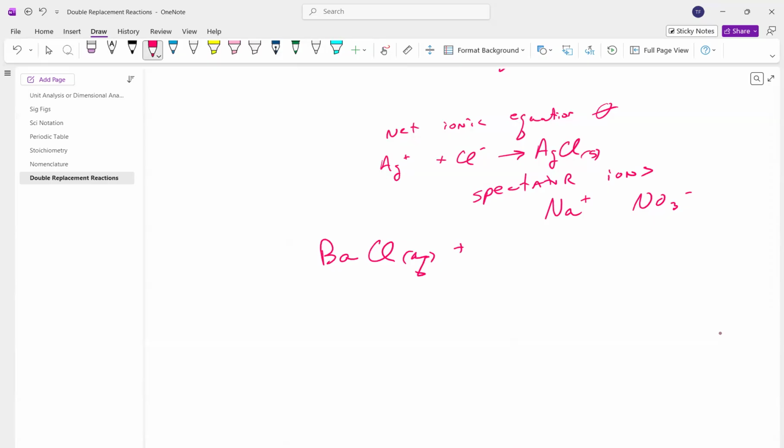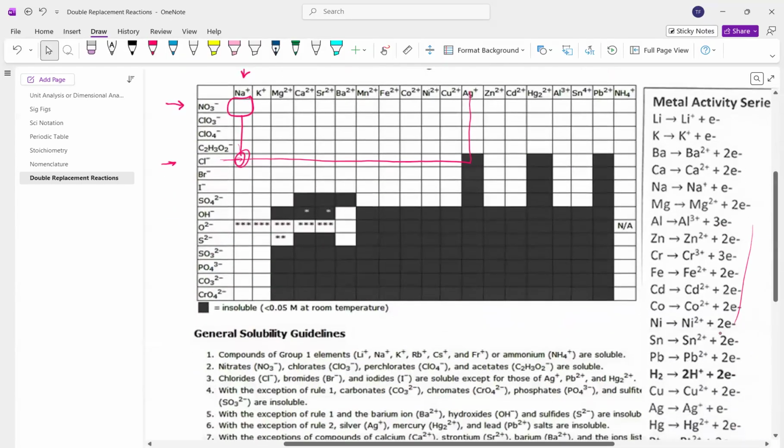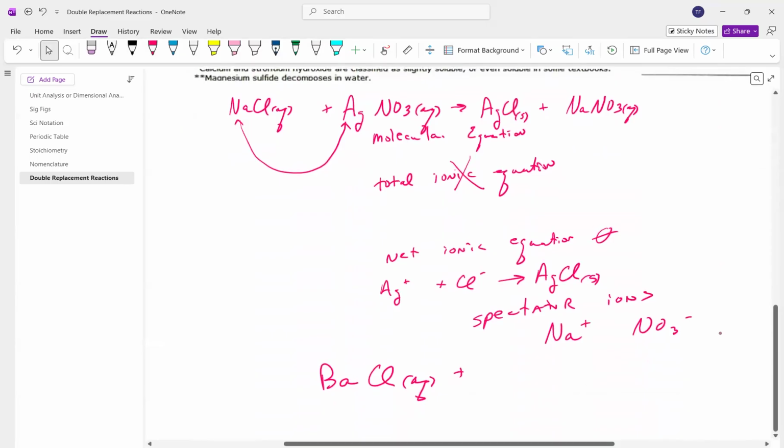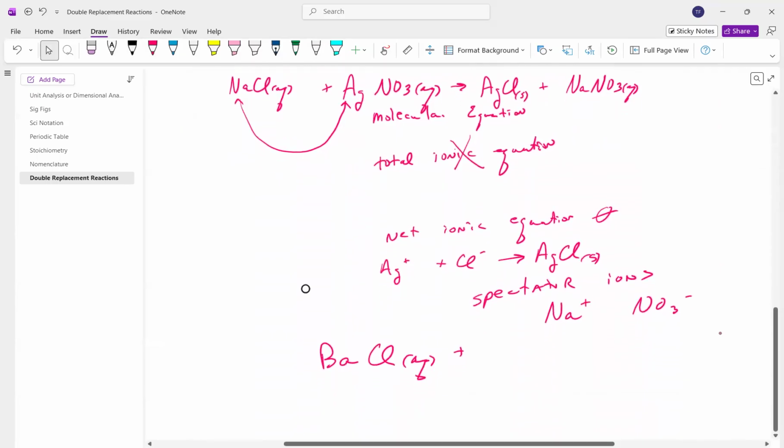In fact, you're going to have the chart I had up there, this chart, which includes this on the right, because you need that for a single replacement. You have a common ion chart, I mean, a common ion list as well.